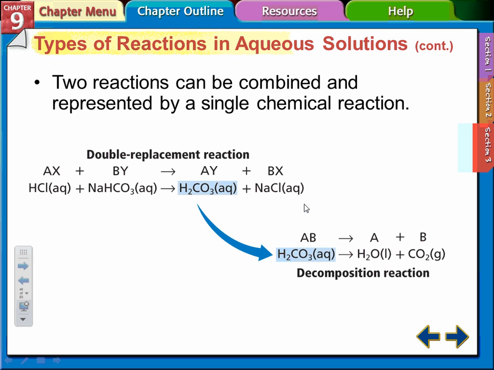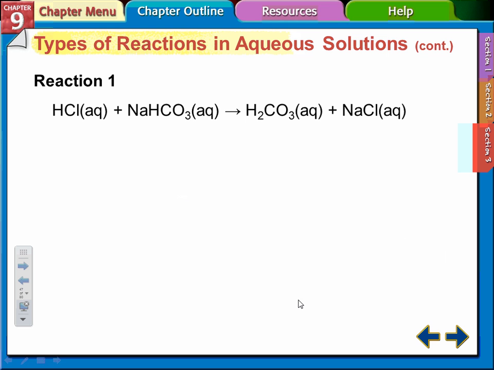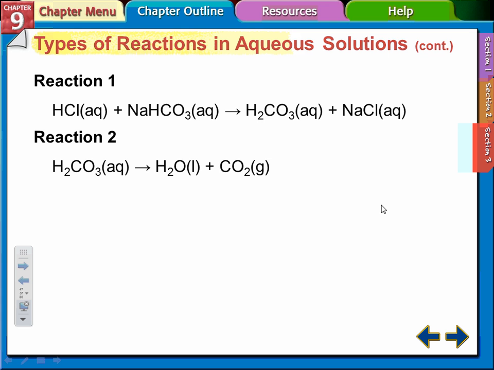Oftentimes the reactions are combined in a single chemical reaction, and they show it here. It's a double displacement reaction, and then that reaction goes to a decomposition reaction. So you have a double displacement reaction followed immediately by a decomposition reaction. This is reaction 1, which they had on the other slide, and reaction 2, a little clearer.